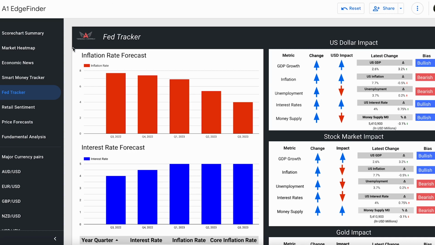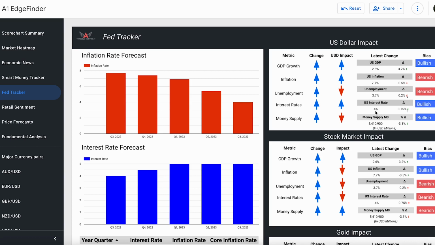So inflation rate and interest rates work hand in hand. In order to combat high inflation, interest rates have to be raised, and that is the biggest way that the Federal Reserve fights high inflation. Our inflation in the US, as we just mentioned, is fairly high at 7.7%.